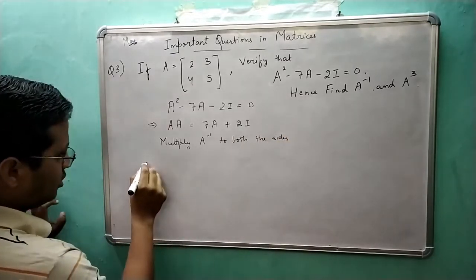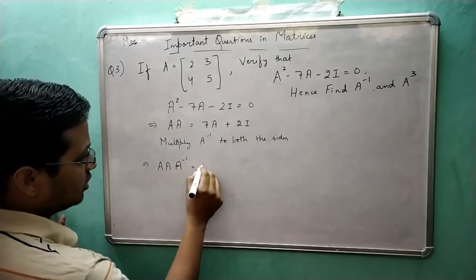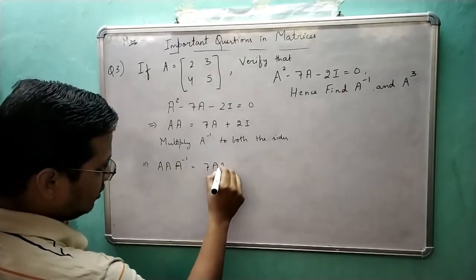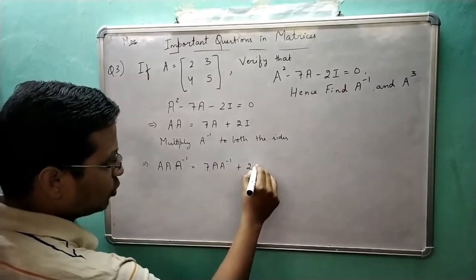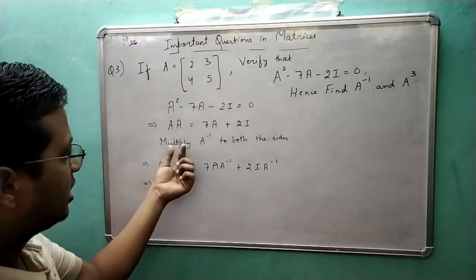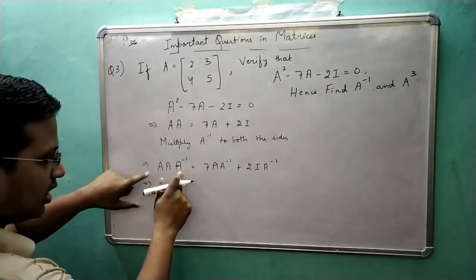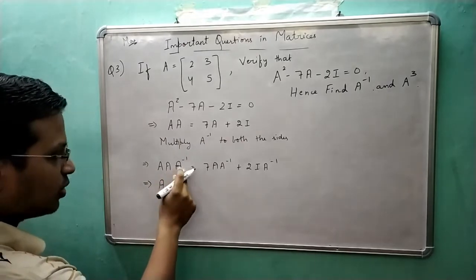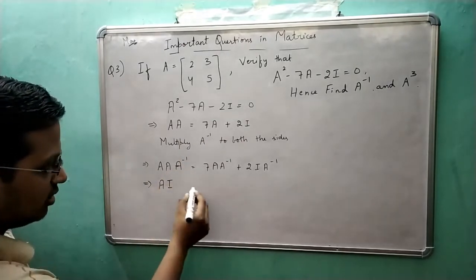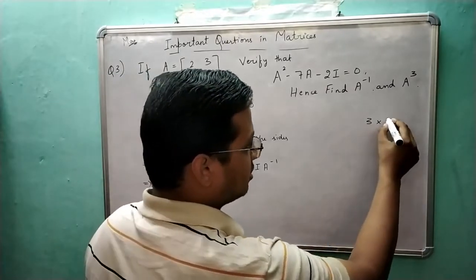What will happen? So A and then A inverse is equal to 7A A inverse plus 2I A inverse. Clear? So we have multiplied A inverse to both the sides. Now what is A into A inverse? A into A inverse gives us identity. Suppose you have a number 3 and 3 inverse.